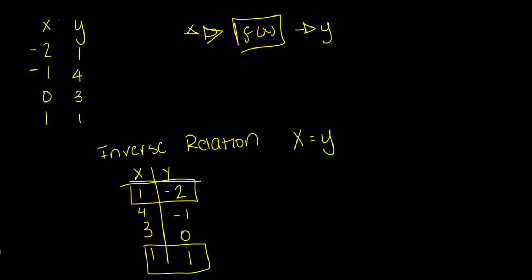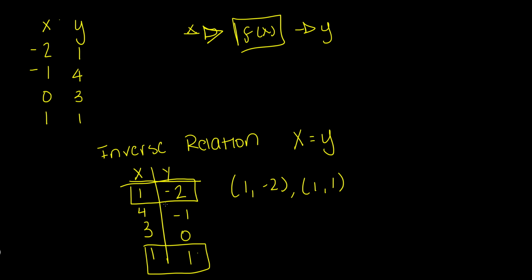We see here that in the point (1, -2) and the point (1, 1), we have 2 outputs for the single input. So this inverse relation is not a function because we have 2 outputs for a single input.